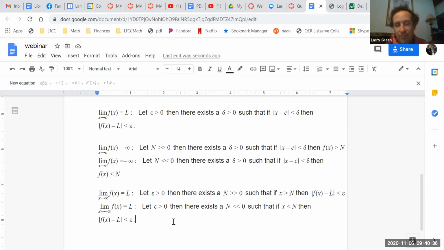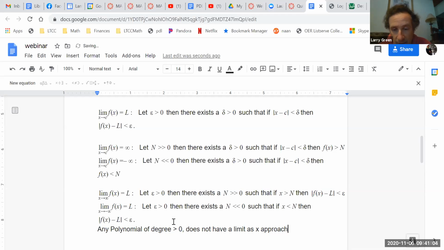Okay, so any polynomial of degree greater than 0, in other words, not constant, does not have a limit as x approaches infinity or negative infinity.